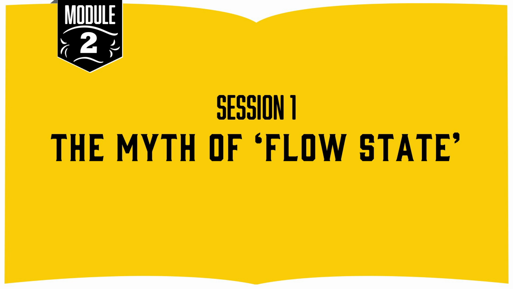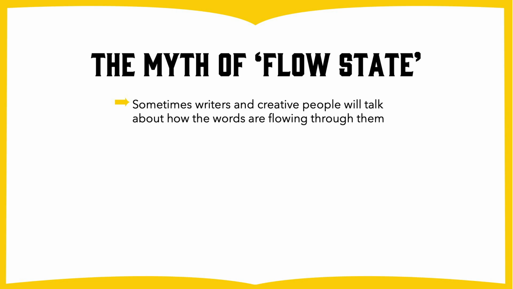What I mean is that sometimes writers and other creative people will talk about the way that when they're writing, the words just are sort of flowing through them, and the characters are speaking, and the characters are taking the story in a direction that's unexpected, or ideas are sort of almost coming to them faster than they can write them down. And it's almost like that magical place where time disappears and the writing becomes effortless and easy.